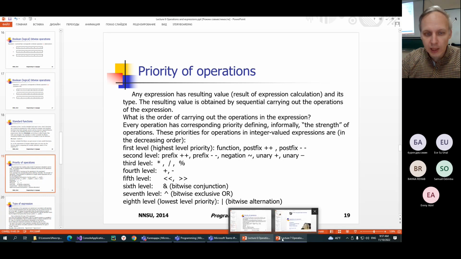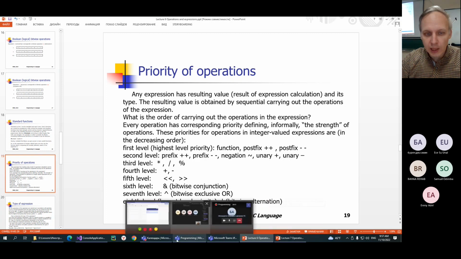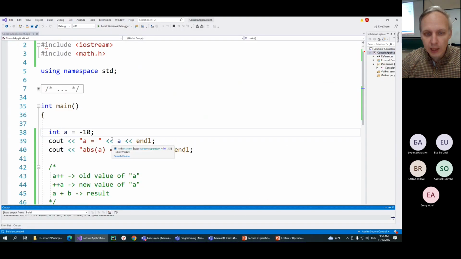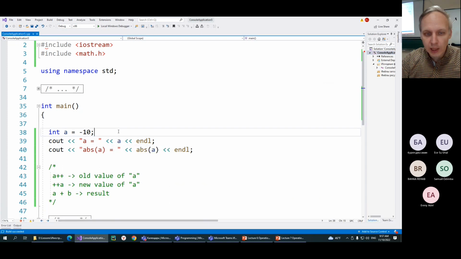If, for example, I write such an expression, 2 plus 2 times 2, what will be the result of this expression?